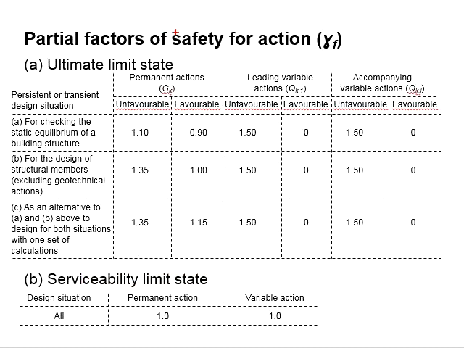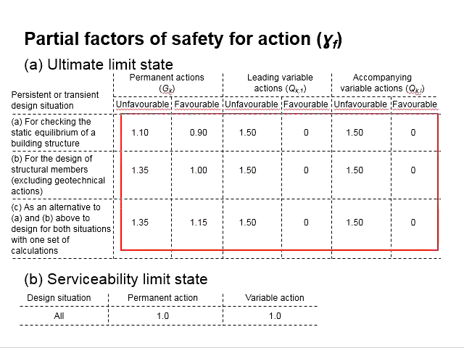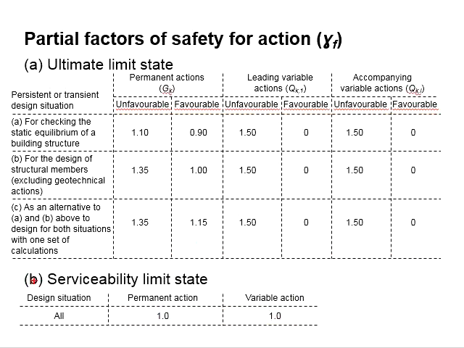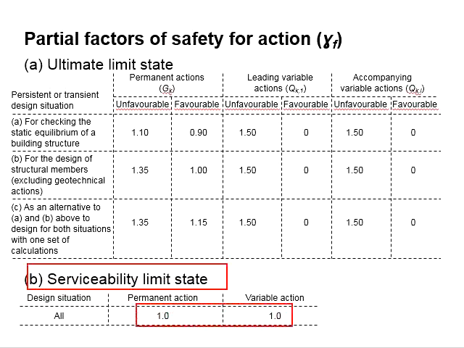You can see here the partial factor of safety for different states will have different numbers. For the serviceability limit state, the partial factor of safety is equal to 1.0 for the permanent actions and variable actions.